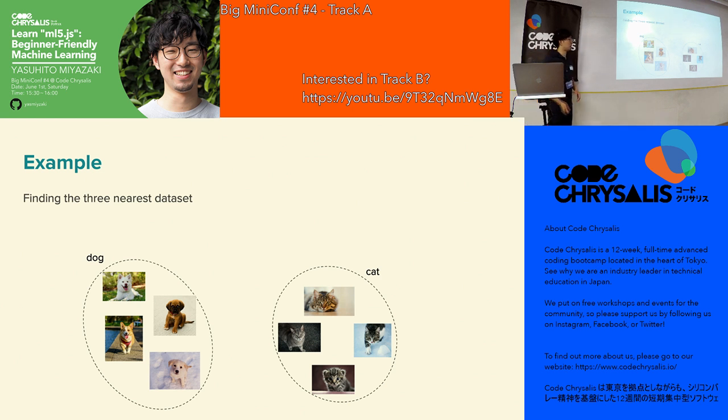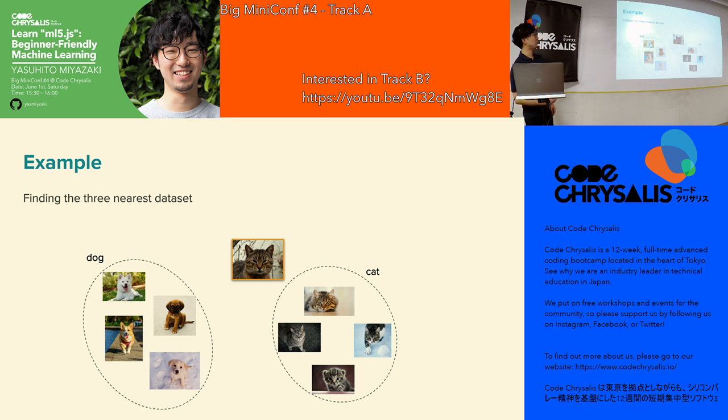Let me give you another example. Let's say there is already dog information and cat information. This is just an example, so the images are here, but please think of these as numbers. And if I add a new image, a brown cat, it will try to find which is the closest image.